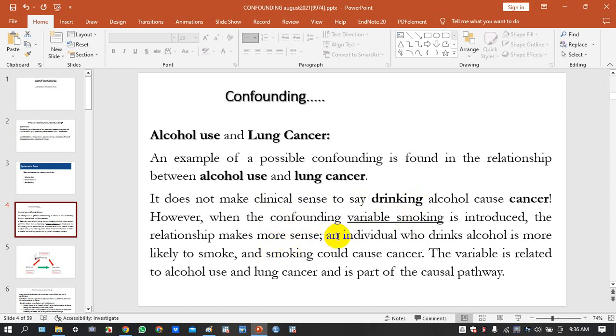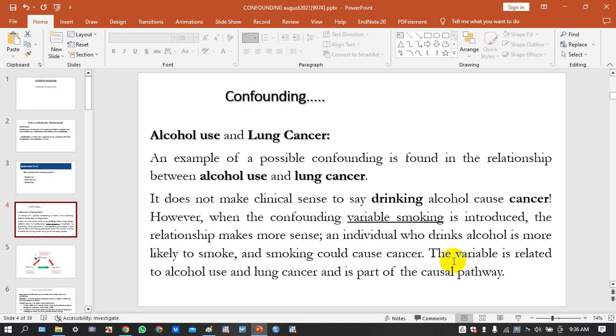When you introduce smoking, an individual who drinks alcohol is more likely to smoke. That is why those who are drinking alcohol get lung cancer, because they are also likely to smoke, and smoking is the confounding factor here. It is what is causing the lung cancer, not the alcohol. So the confounder is smoking.